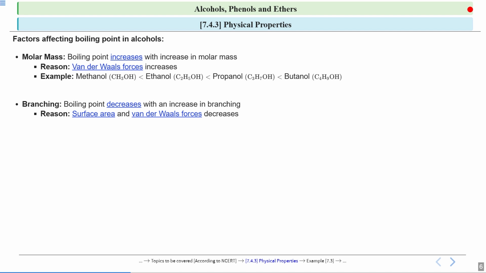If the carbon chain is straight, the surface area will be more. But if there is branching in that carbon chain, the surface area will be less. If the surface area is less, then the van der Waals force will decrease. If the van der Waals force is decreasing, it means the boiling point will be less, because you have to provide less energy for the molecules to separate out.